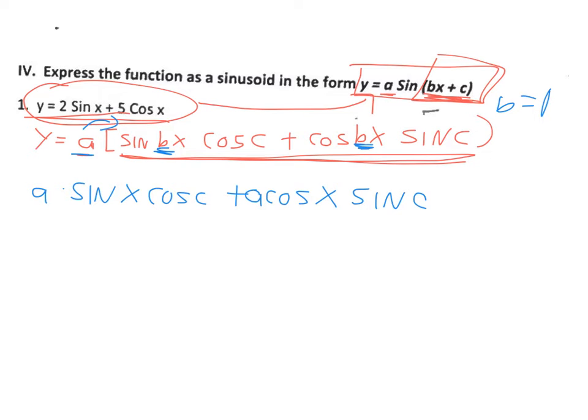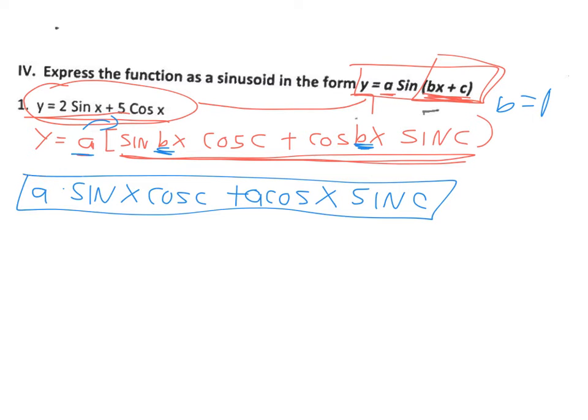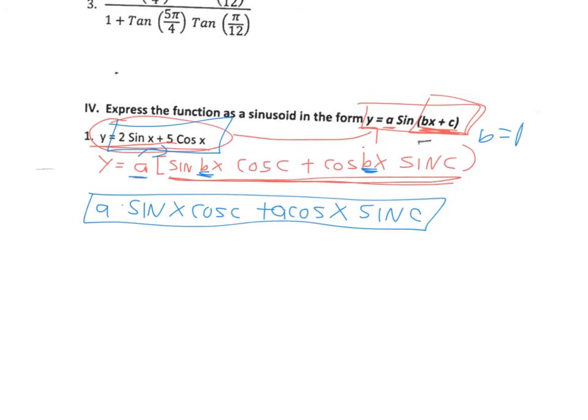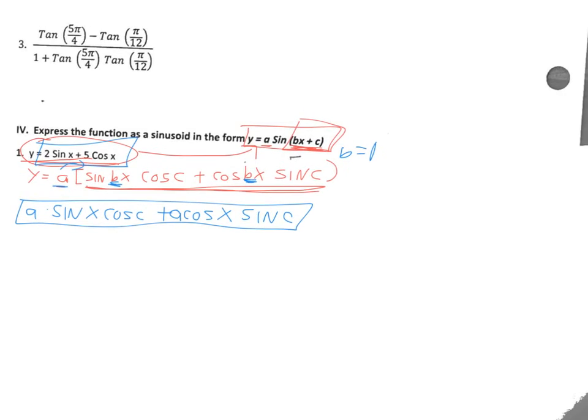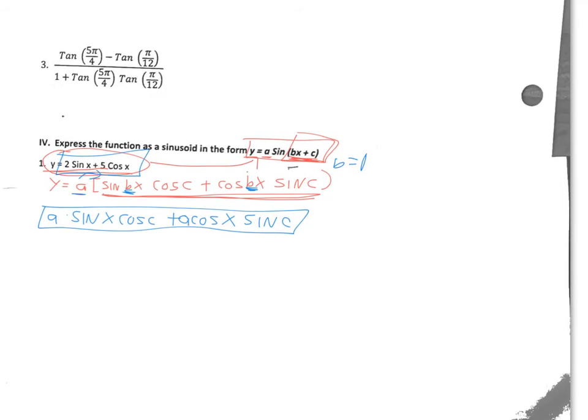Now, if you look, we want to set this whole thing equal to this right here. So let me show you what we're going to do. We have space moving left to right.